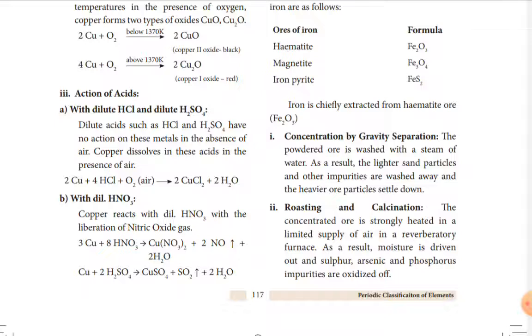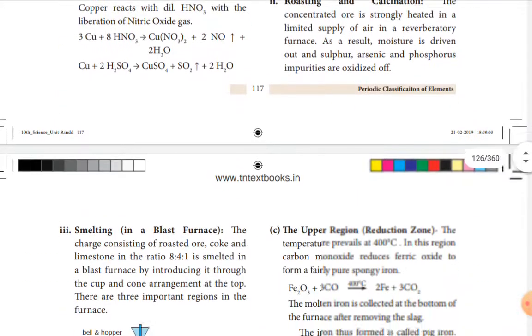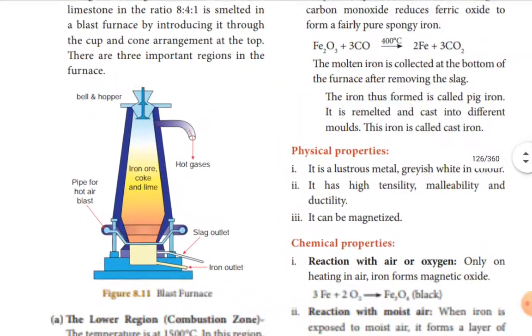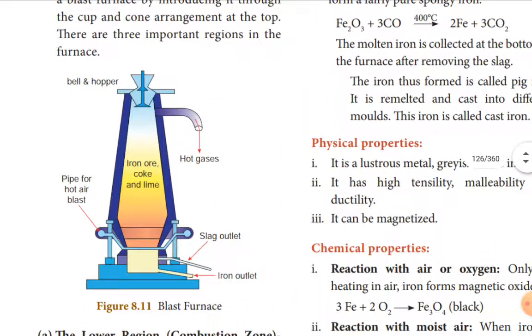Then the next step is smelting. Smelting takes place in the blast furnace, which you have seen in the diagram here. The blast furnace is more or less a cone-shaped furnace made up of hot bricks.